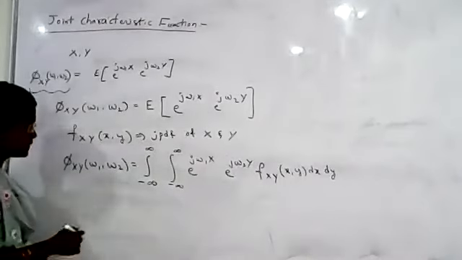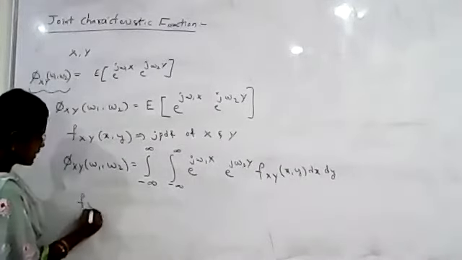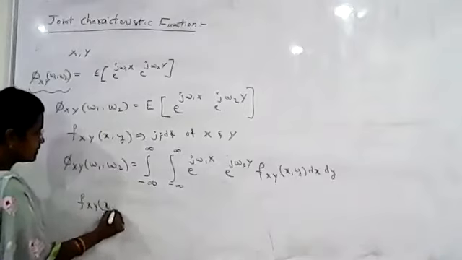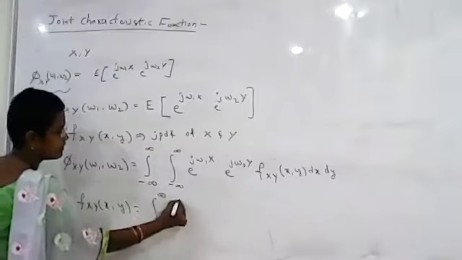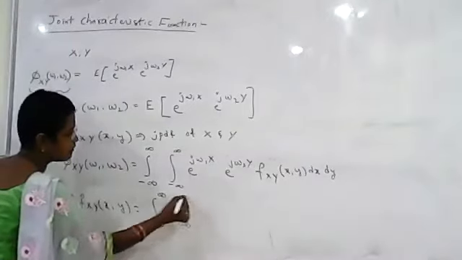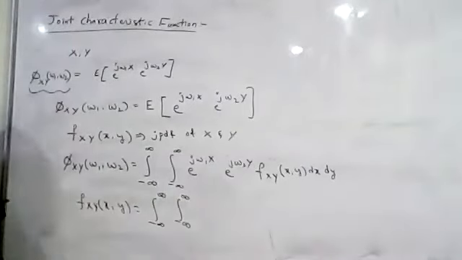Similarly, f xy of x comma y will be the inverse Fourier transform of the joint characteristic function.